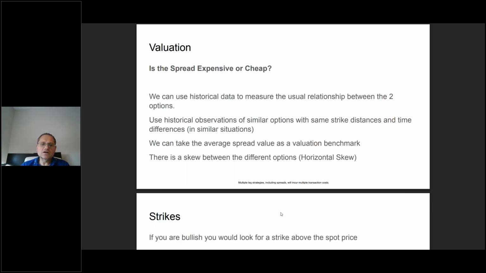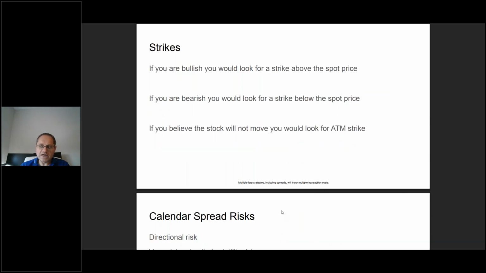And then we're going to look at another factor, strikes. Because if you're doing a calendar spread, yes, you're picking two different expirations. But you have to also pick strikes, right? What strike are we looking at?